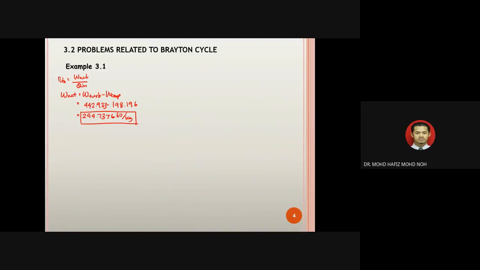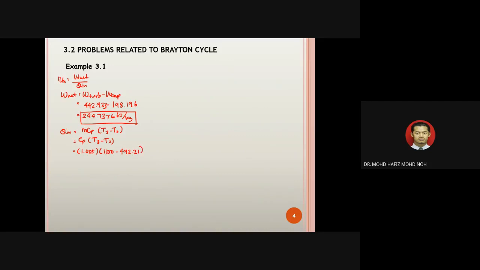Then the value of Q in is m dot Cp, because Q in occurs between state 2 and state 3. So that means it is T3 minus T2. Since the value of mass flow is not given, you can simplify this equation. So put the values: 1.005, T3 is 1100, T2 is equal to 492.21.